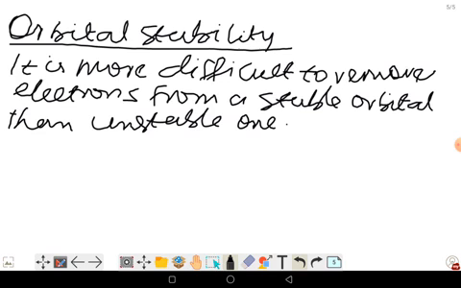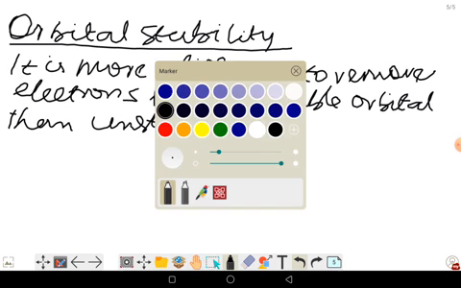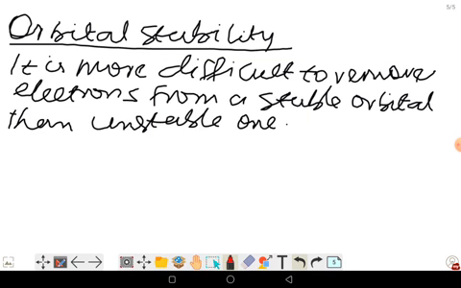So when an orbital is stable, electrons are more difficult to remove from such an orbital. How do we know if an orbital is stable? How do we spot a stable orbital?